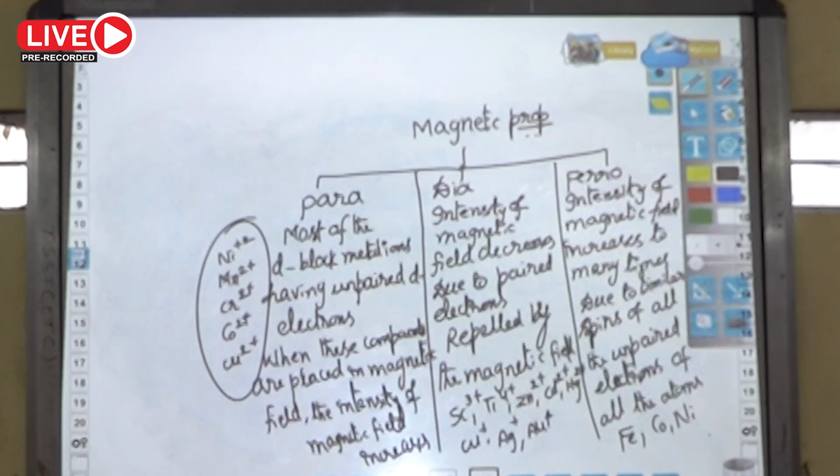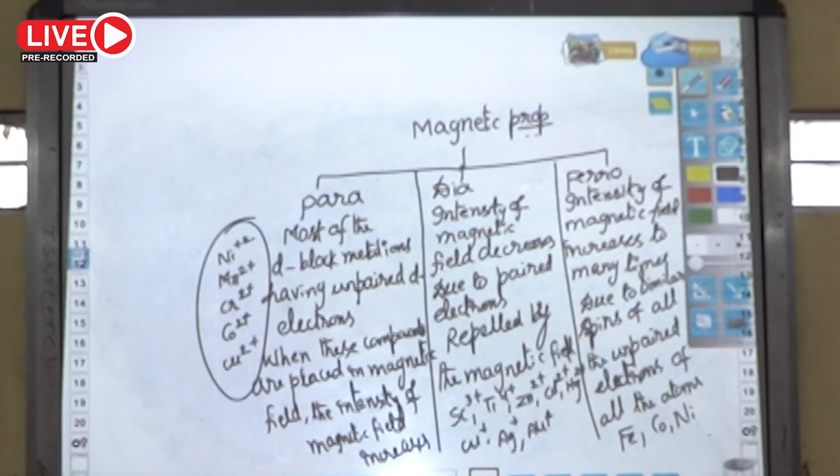So magnetic property exhibited by d block metal ions is of three types: paramagnetic, diamagnetic, and ferromagnetic.